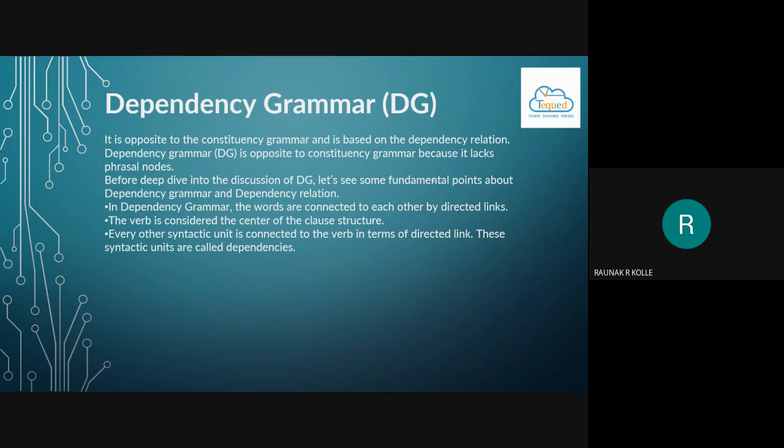In dependency grammar, the words are connected to each other by directed links. The verb is considered the center of the clause structure. Every other syntactic unit is connected to the verb by a directed link. These syntactic units are called dependencies.